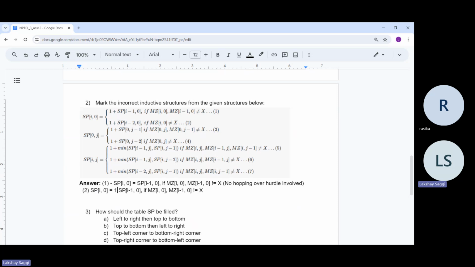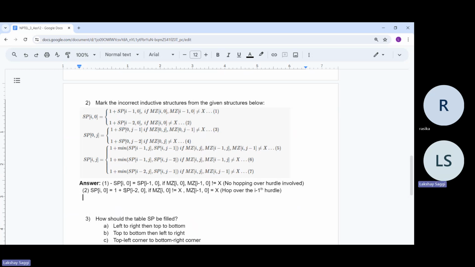And this will be equal to 1 plus SP(i-2, 0). And this is because we know that i does not have a hurdle, because if it already had, then you won't be dealing with it. But i-1 has a hurdle, so we hop over the i-1 hurdle. So something like this. So this is the second inductive structure.